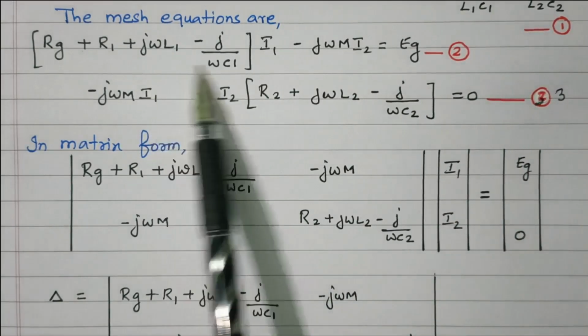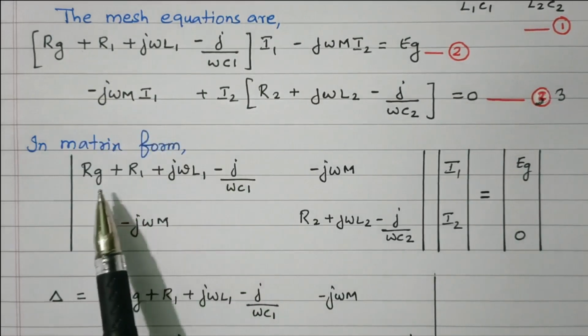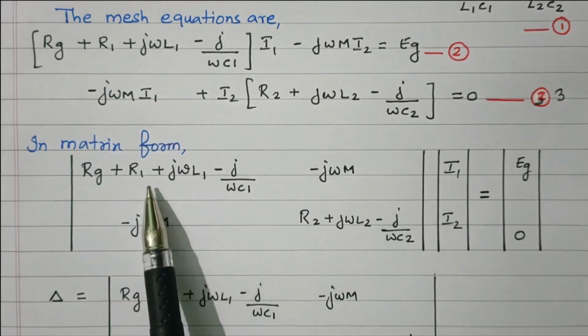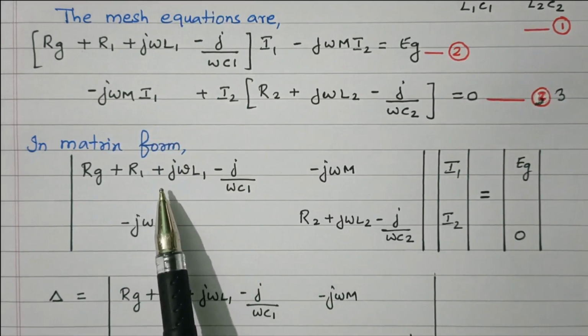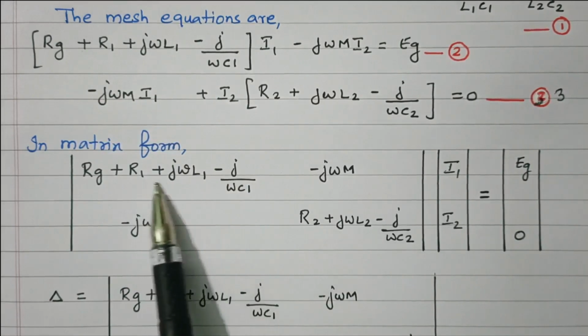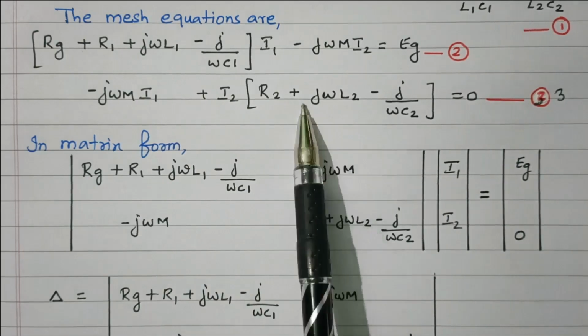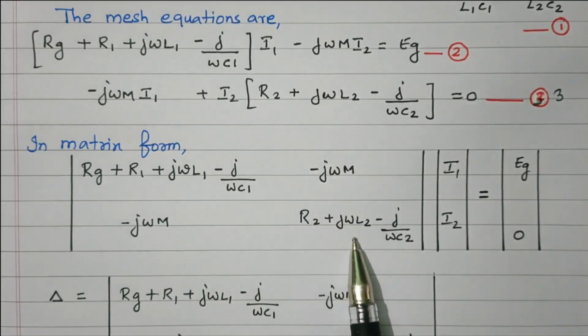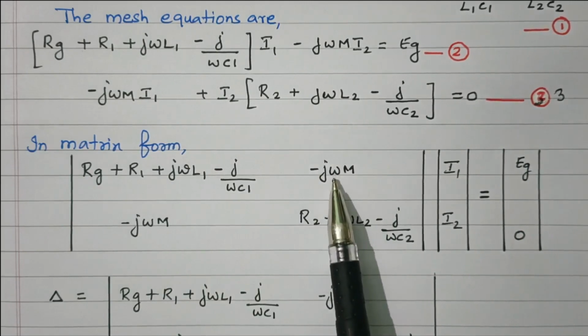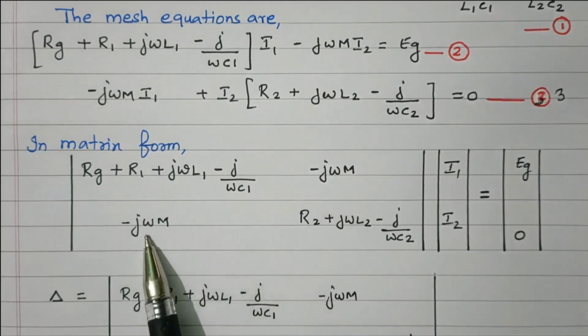Right. So the same equation we can write. This term is nothing but Z11. What is Z11? The impedance available in the first loop. This is Z22, the impedance available in the second loop. This is Z12, and this is Z21, the impedance commonly available between loop 1 and 2.